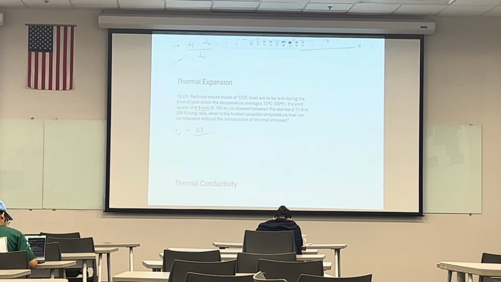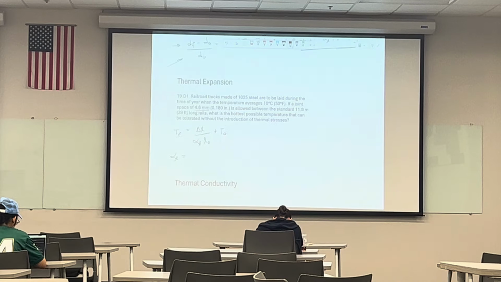So we have delta L divided by alpha L, L naught, plus T naught. And the alpha L for this problem, for this steel, this is 1025 steel. They keep referring back to table 19.1.